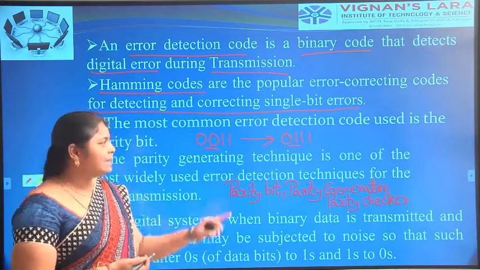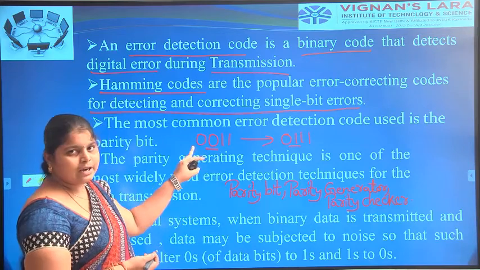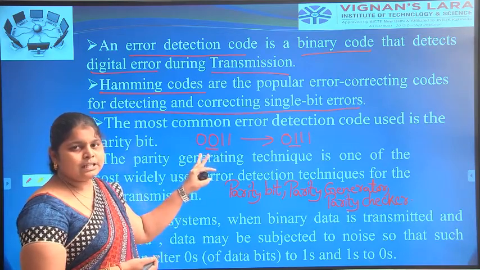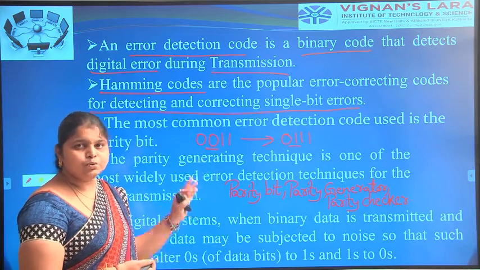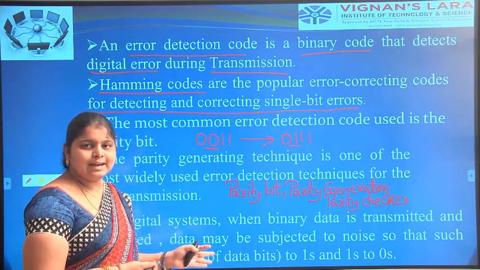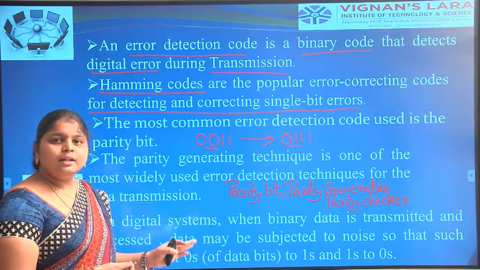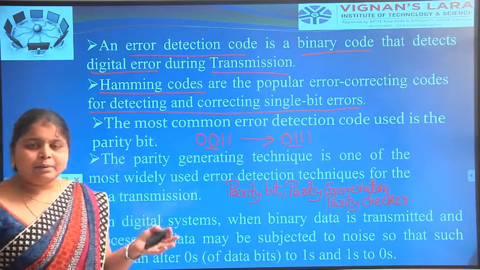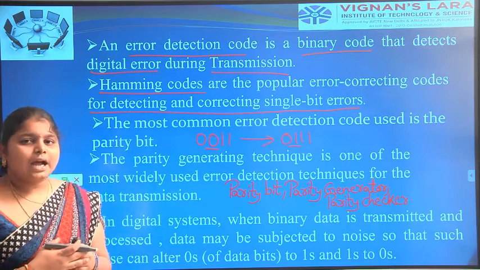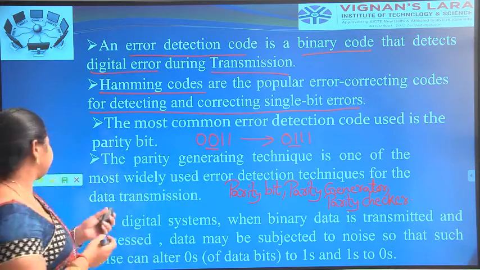Whenever data in the form of zeros and ones goes from sender to receiver, a 0 may be misplaced as 1 or a 1 as 0. This misplacement is considered noise in transmission, and it can be detected using these techniques: parity bit, parity generator and parity checker.